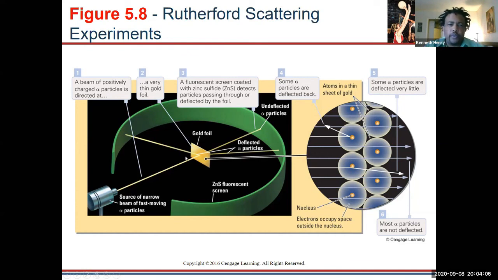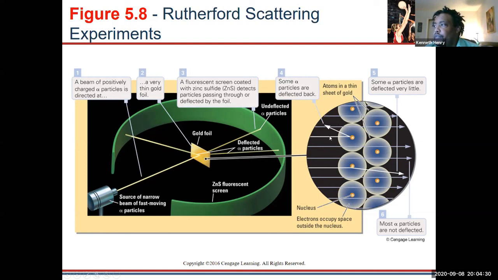If it was all random, you would get all of this randomness and you wouldn't get anything clearly distinct. What he saw was particles that were deflecting off, but they were deflecting uniformly, organizedly. And the ones that were undeflected went straight through, right? So you had a few that were deflected, but it was very organized in terms of the deflection.